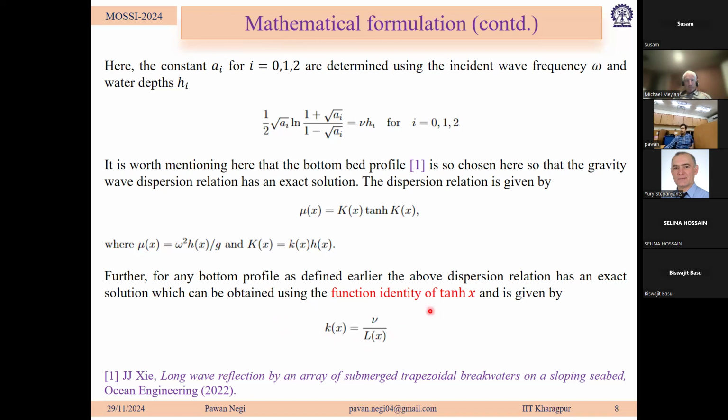This can be proved using the function identity of tanh, because the tanh inverse function can be written as the log of the root of 1 plus x upon 1 minus x, and the theorem will be proved straight away. So we don't have to use the original dispersion relation, omega square equals g k tanh kh. Either you calculate the root from there, or from this simple formula, the roots will match. I have checked that also.